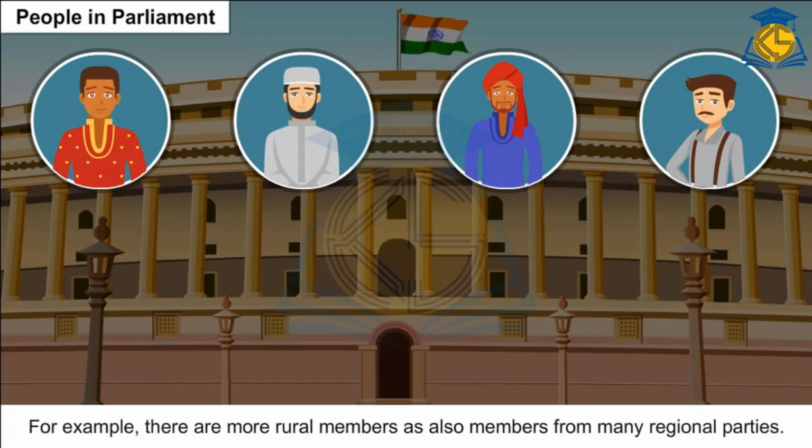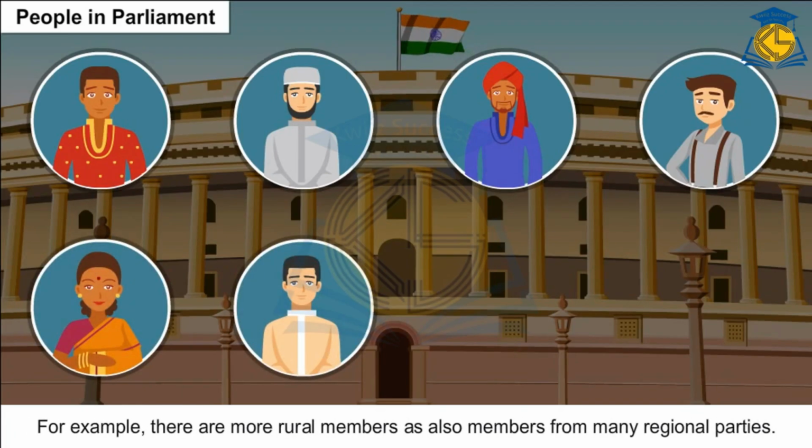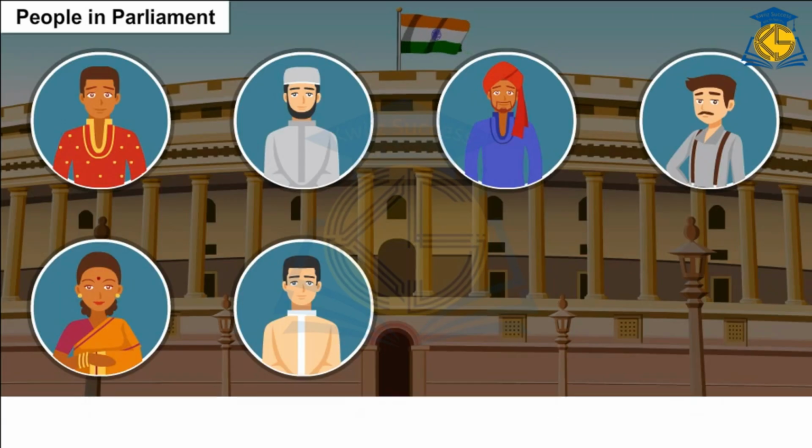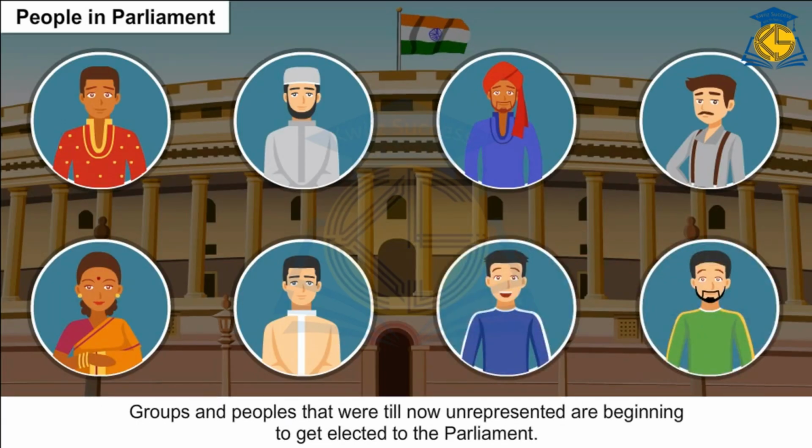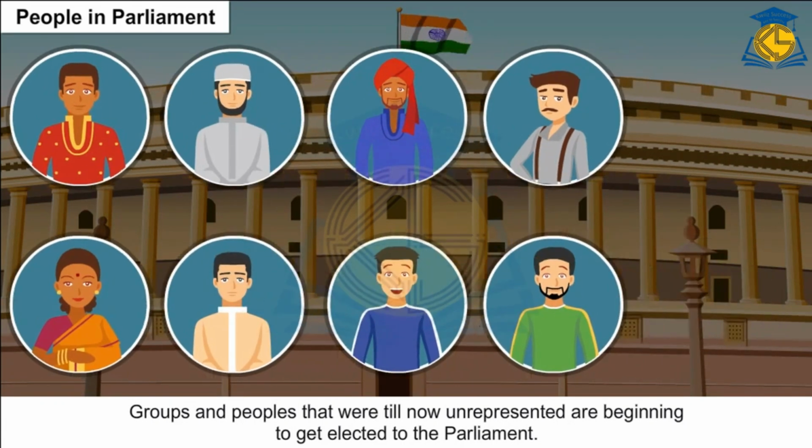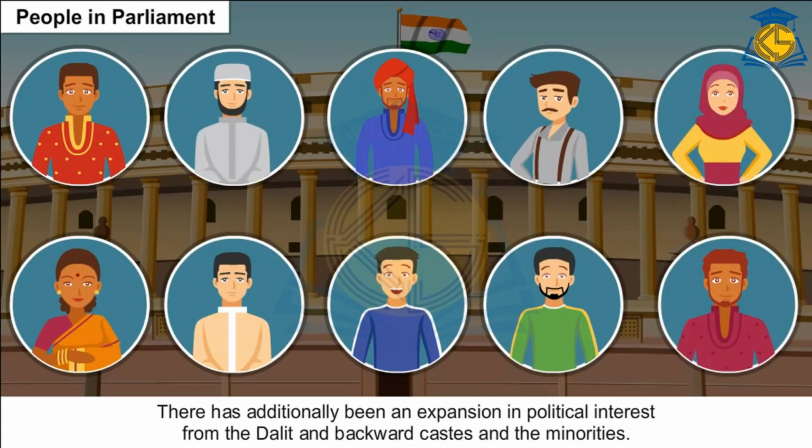For example, there are more rural members as also members from many regional parties. Groups and peoples that were till now unrepresented are beginning to get elected to the Parliament. There has additionally been an expansion in political interest from the Dalit and backward castes and the minorities.